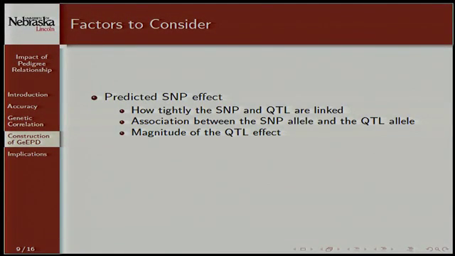It's not good enough to have something close. It has to have those particular alleles line up very tightly. And it's also going to depend on the magnitude of the QTL effect. If we do a really good job of having a SNP match up to a QTL that's having an effect, if the QTL effect isn't very large, then it's not going to have a very big contribution.